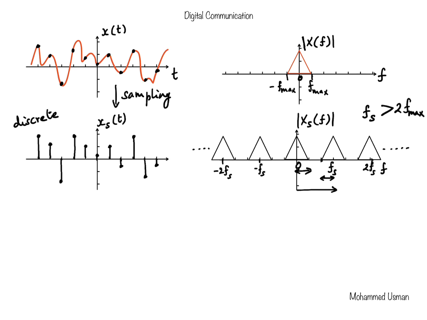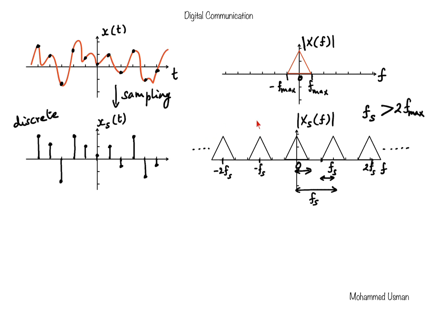So the total distance here is fs. So we have an f max over here and f max over here, plus an extra space between these replicas, which means that the sampling frequency fs, where the first replica is occurring, is greater than 2f max.